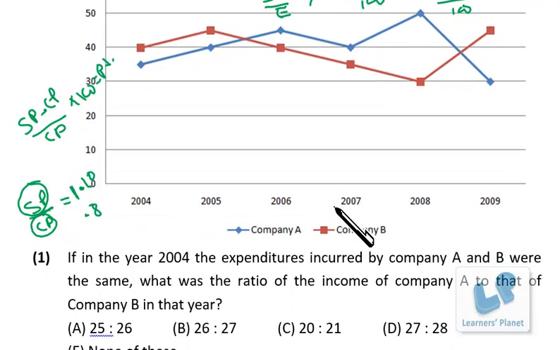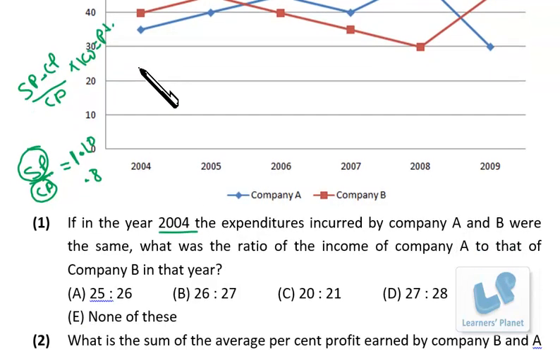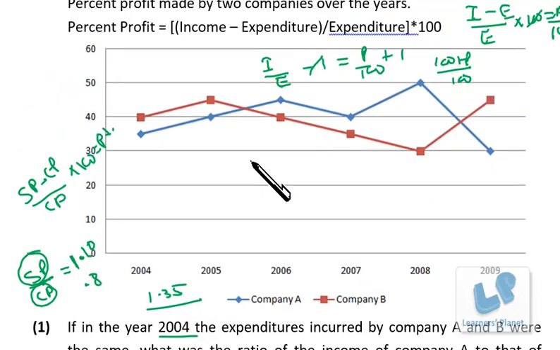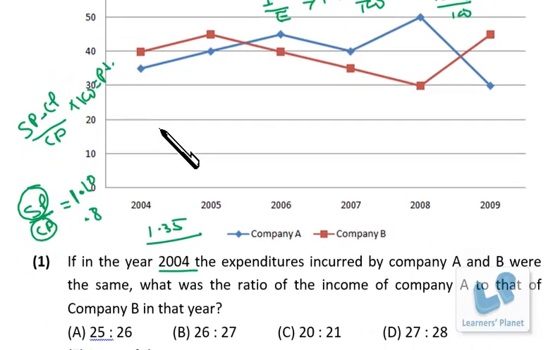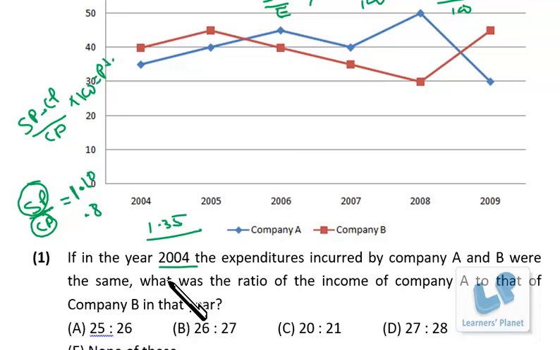So in this case, we are talking about year 2004. Company A, the blue line, is 35, the profit percentage 35%. That means income is 1.35 times expenditure. So that is the income of company A. Similarly, income of company B is profit percentage 40%, that means income will be 1.4 times expenditure.